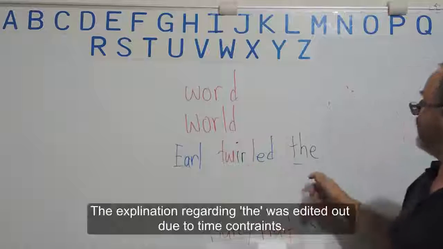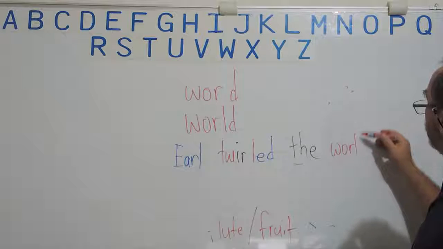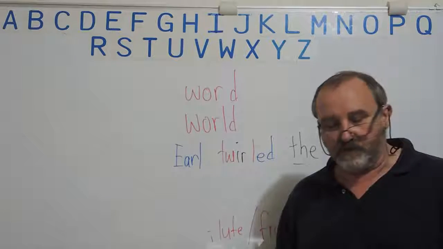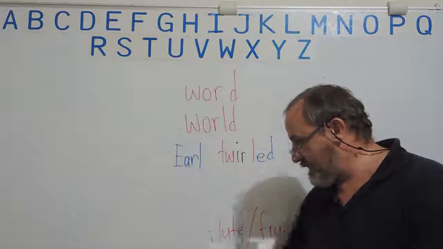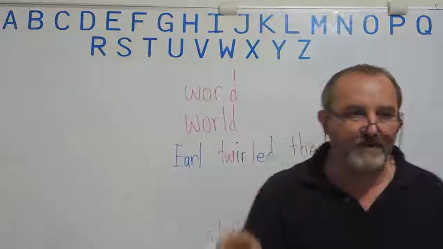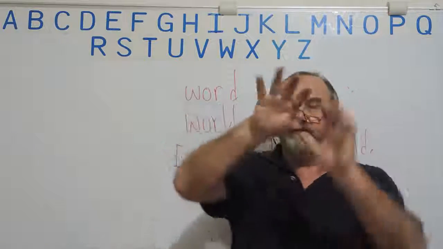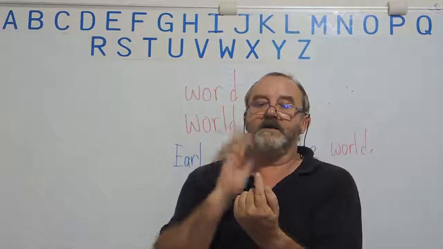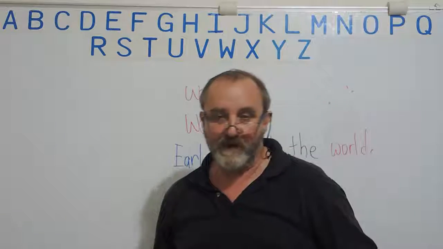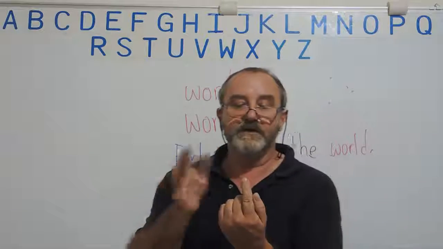Okay, Earl twirled what? What did he twirl? Oh, I know. He twirled the world. Earl twirled the world. Now, does it mean anything? Well, it doesn't really mean anything, but you could imagine a man or a boy, his name is Earl, and he has the world, the earth, here, and he's going to twirl it like a basketball. The young man that taught me that used a different finger, but it doesn't matter. Earl twirled the world.